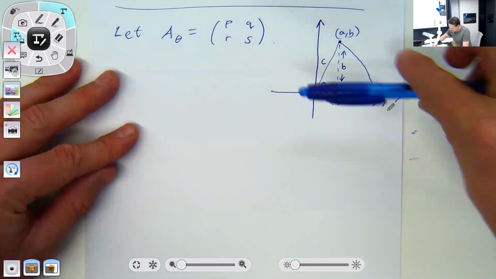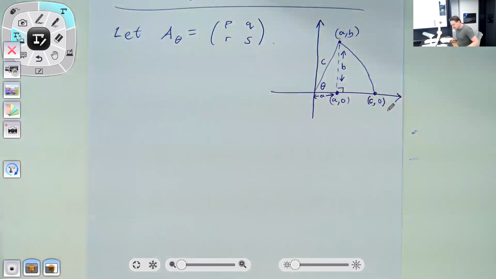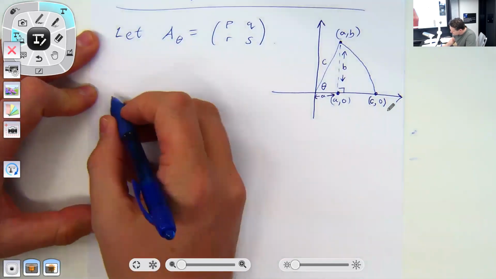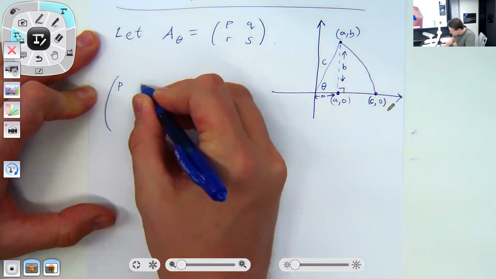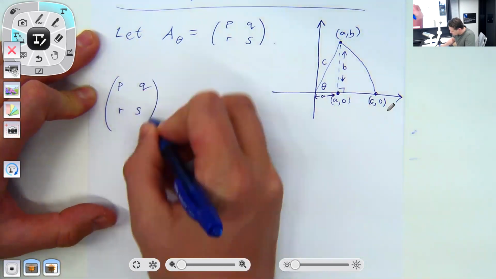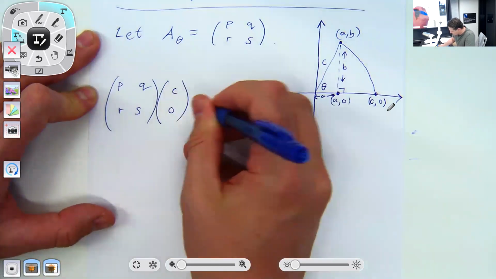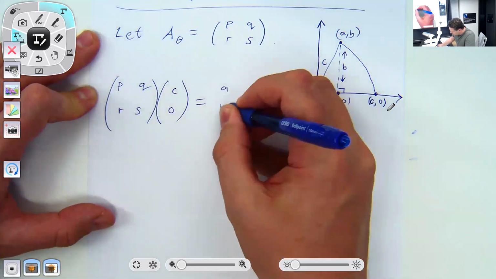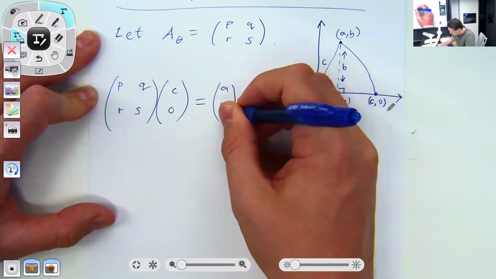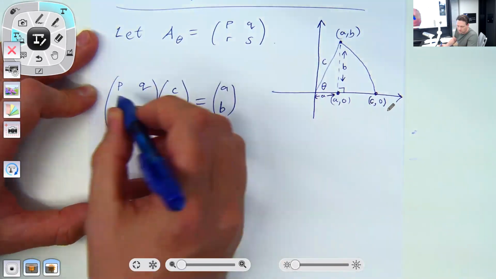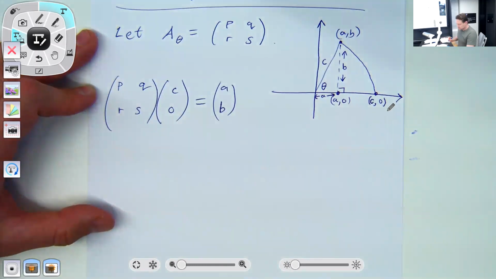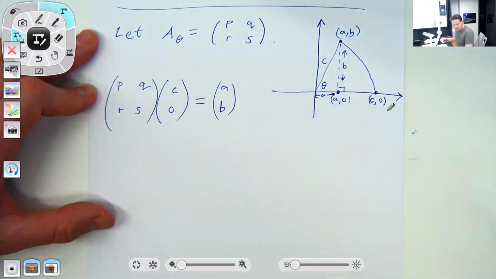Okay, and so I'm rotating this way. I want to act on the point C0 with my proposed rotation matrix. So I'm looking at PQRS multiplied by C0, and that gives me AB. What I want, of course, are P, Q, R, and S. I'm not interested in what A, B, C, and D are.